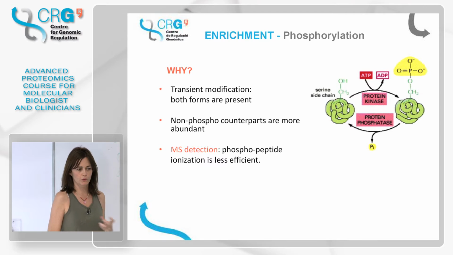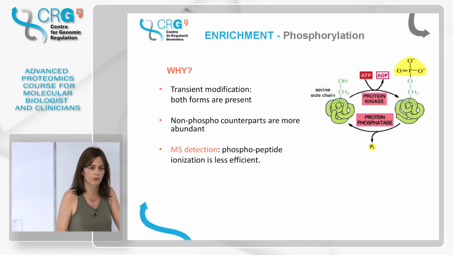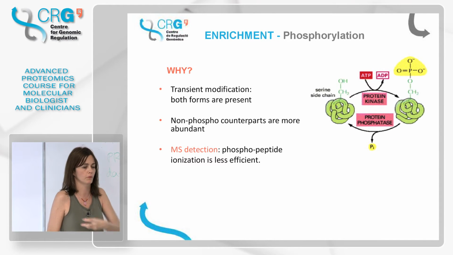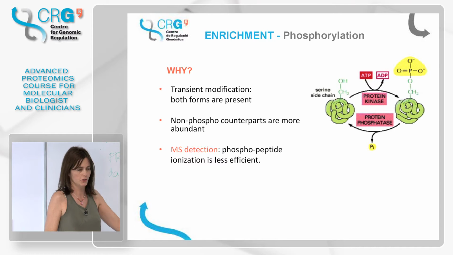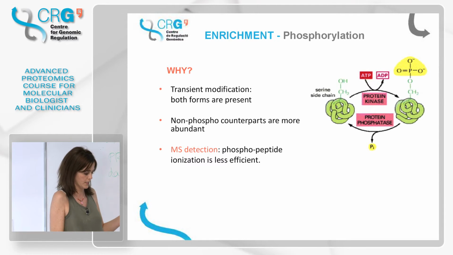Therefore, if we want to see them, we need to do our best. If our sample is quite simple, it's only a few proteins, maybe we don't need to do this enrichment, because with the instruments that we have now, they are good enough to see the phosphorylations, but most of the time it's important to enrich.